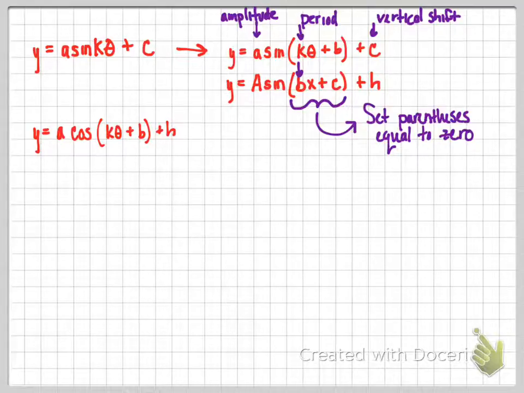I could also write a cosine of kx plus c plus h. It really doesn't matter how I write it. In other words, it matters that we're paying attention to setting the parentheses equal to 0, and then the coefficient next to my variable tells me what the change in my period is. So what variables you put where is kind of all poetic license in math.